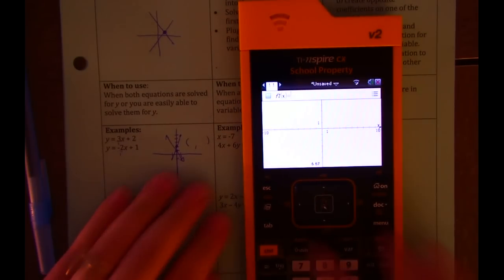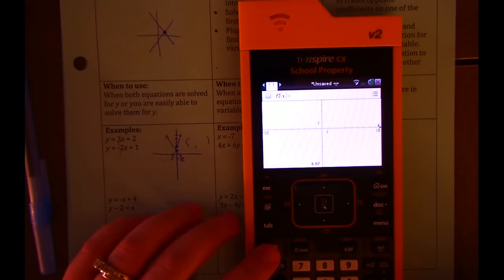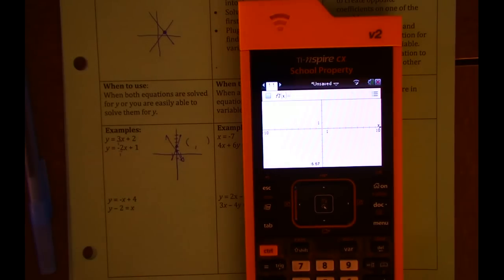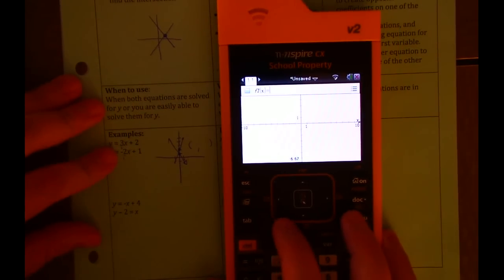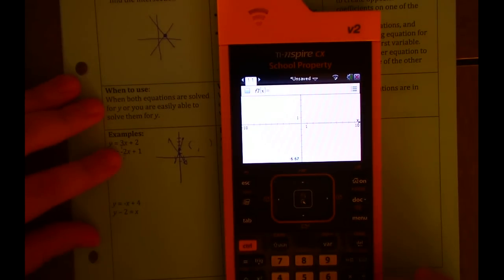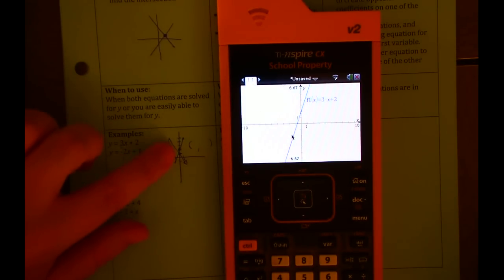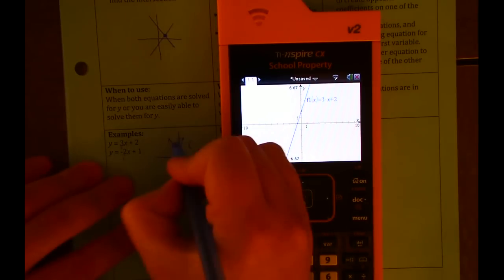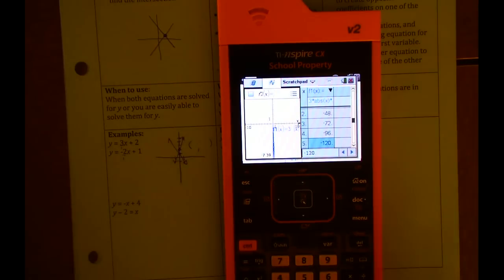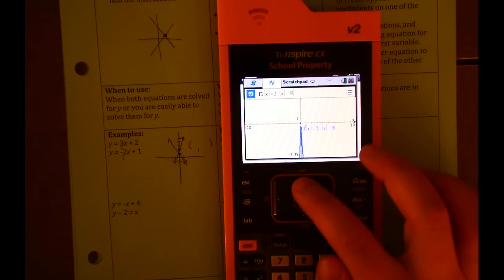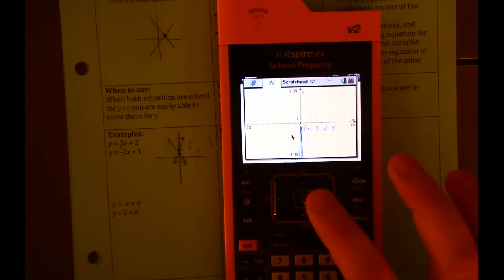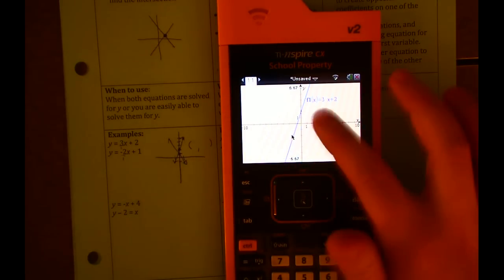Now you can see it a little bit better. Okay, so what we're going to do is in f1 of x, we're going to have 3x plus 2, and we'll graph that. So there's my first line right there. That was the first line that I drew here.